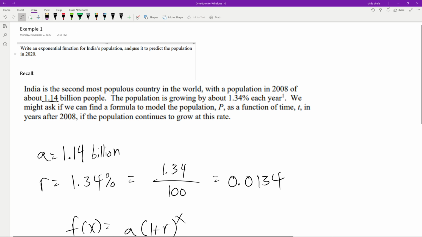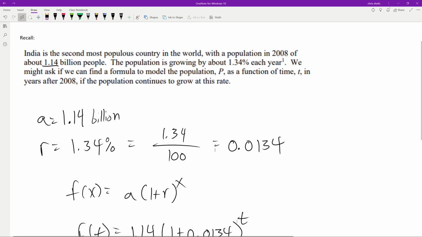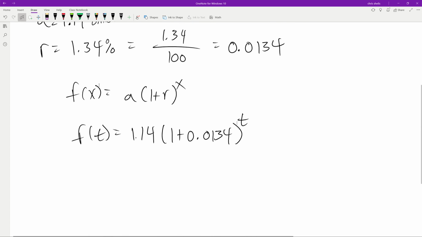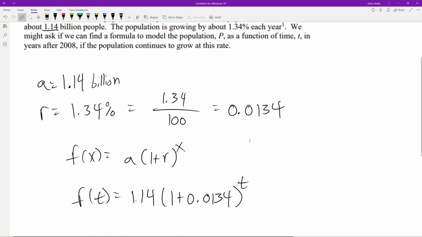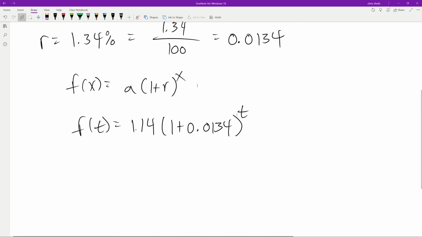Now, if we want to use this to predict the population in 2020, 2020 is 12 years after 2008. Remember, t is in years after 2008. So all I do is find f of 12.